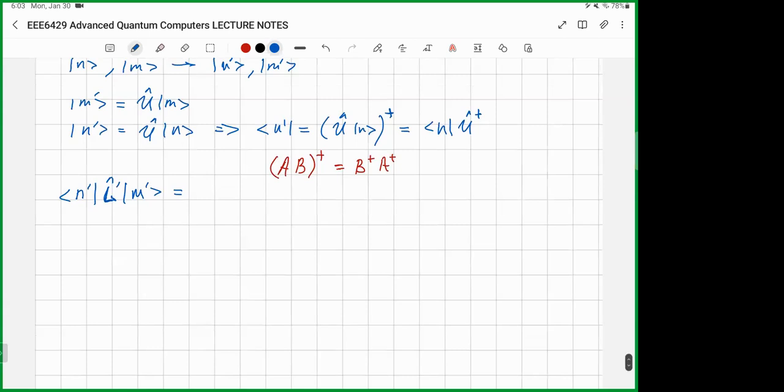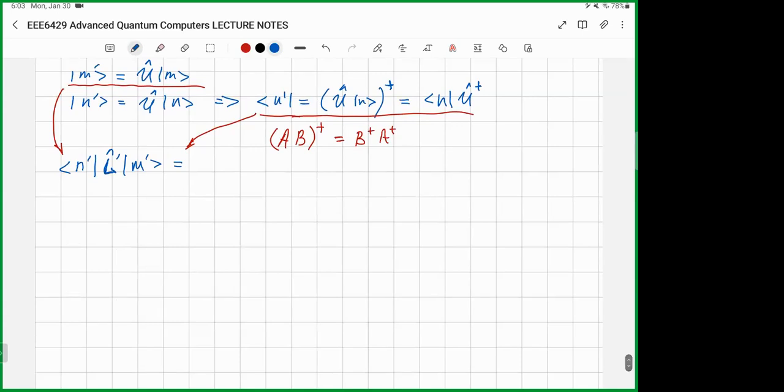I basically plug in this formula and this one into this expression, and what I get is n in the old basis, then U dagger, then my L in the new basis, then the U operator, and vector m.